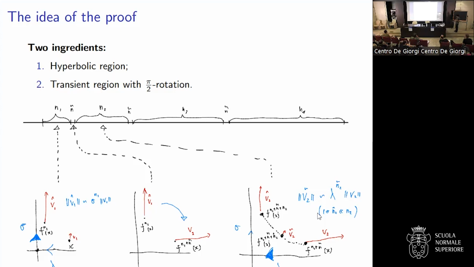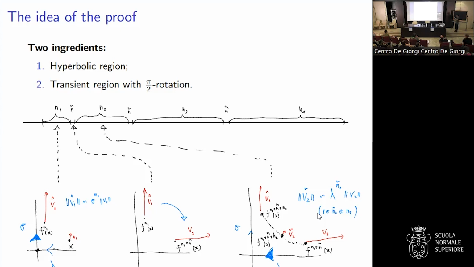So please imagine that your vector v1 looks like this, and your x looks like this, very close to the saddle fixed point, whose expanding constant is sigma and contraction constant is lambda. And your vector v1 is almost in the unstable direction. Then after n1 iterations, the norm of this new vector is almost sigma to the power n1. So the finite time Lyapunov exponent in this stage is positive.